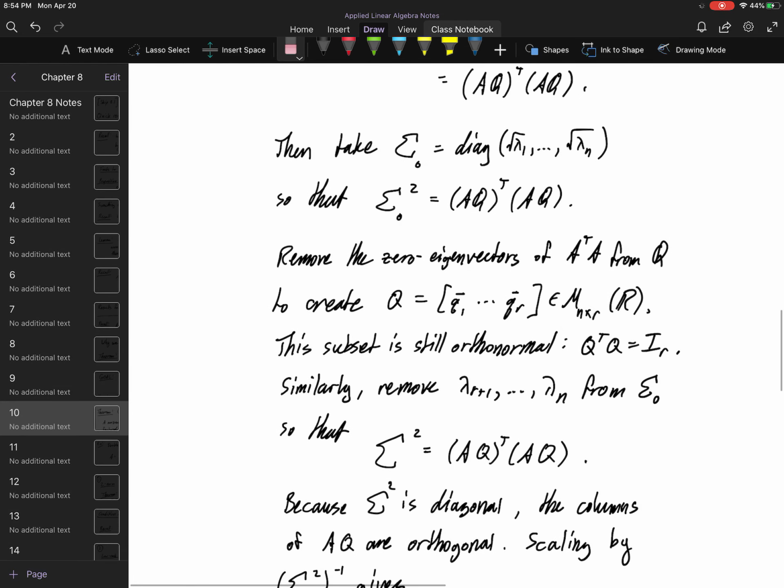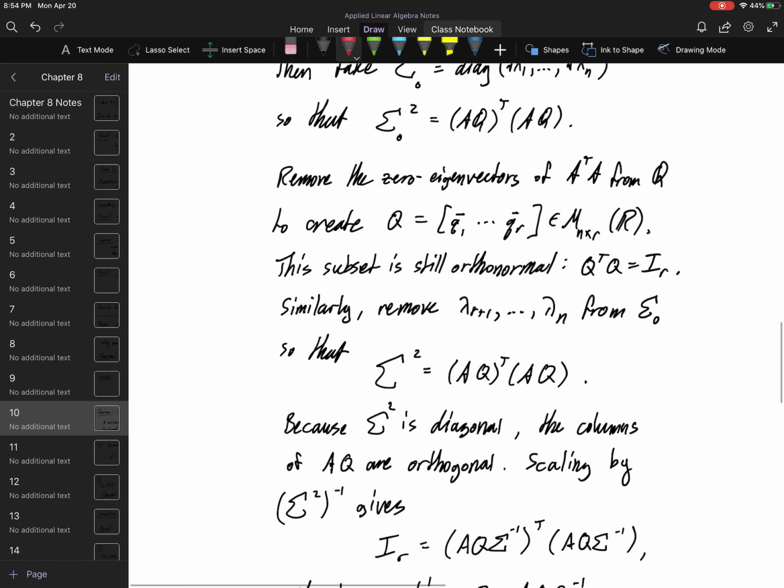And from this sigma 0, we're going to remove all of the zero eigenvectors and eigenvalues. So from sigma 0, we're removing eigenvalues, and from boldface Q, we're removing the basis of the null space. So this subset, because it came from an orthonormal set, is still orthonormal.